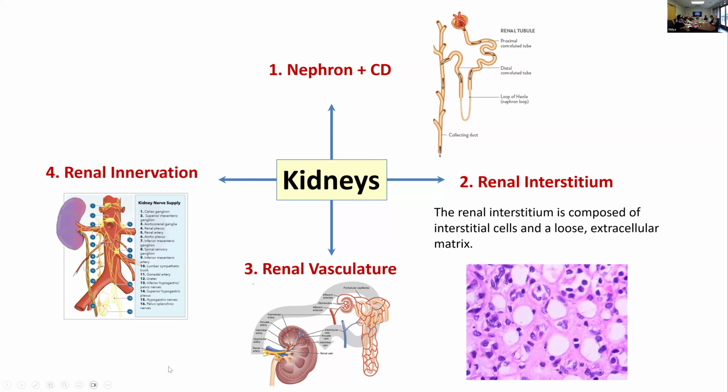So in today's presentation, I'll be focusing more on the nephron and the collecting duct epithelium. Here the blood is filtered and the urine is formed. And we will see how each part of this whole complex contributes to concentrating the urine.